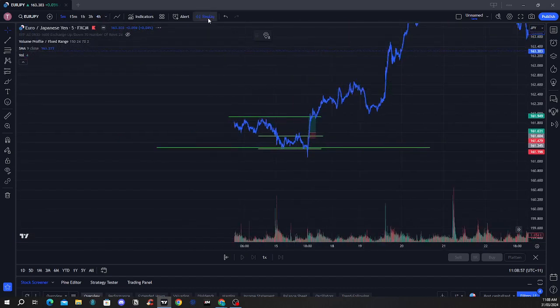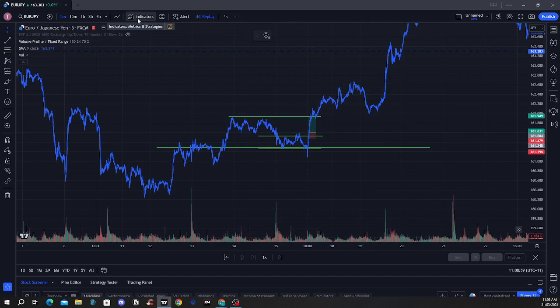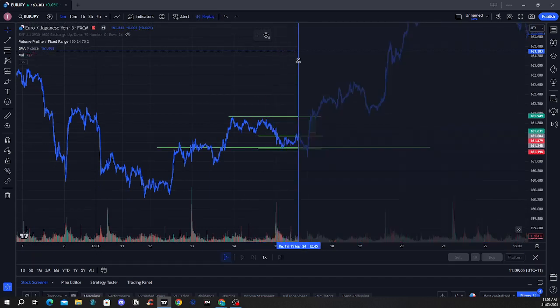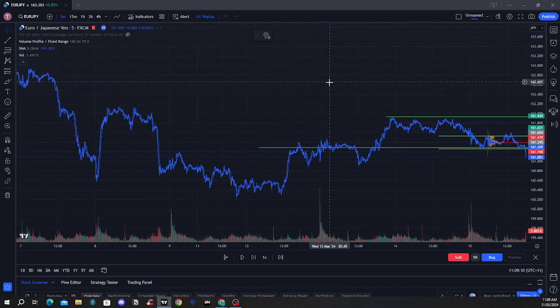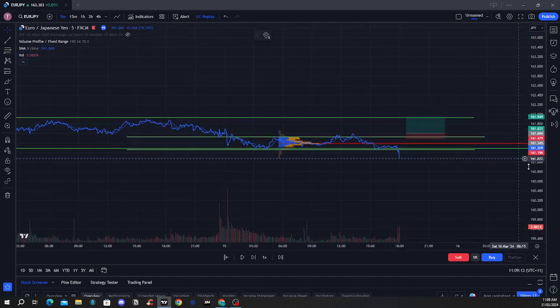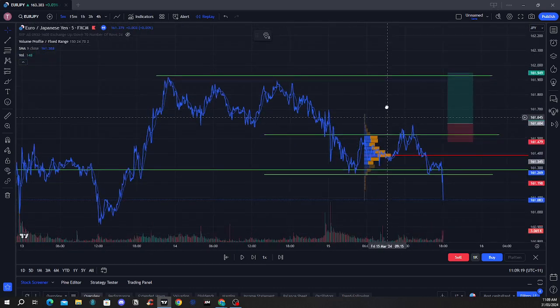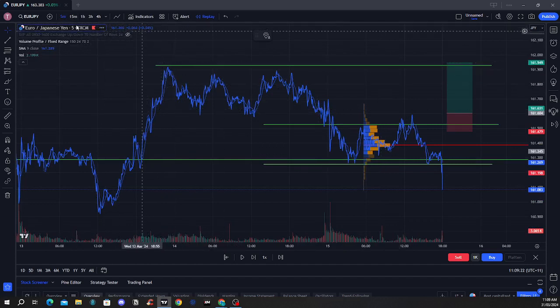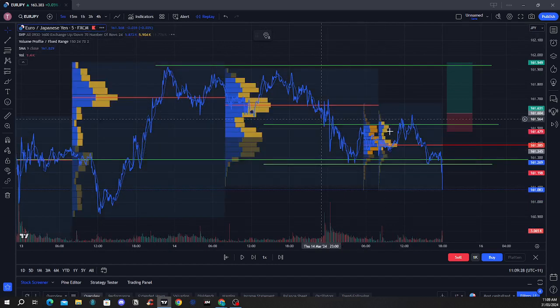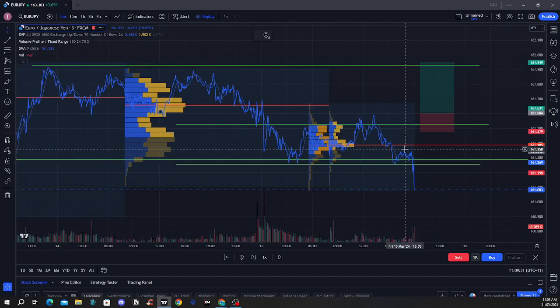Now, I just want to assess this by looking at the volume profile. Okay, so a couple of things here. The 5-minute volume profile definitely agrees with, or fits nicely into, the interim accumulation trading range.